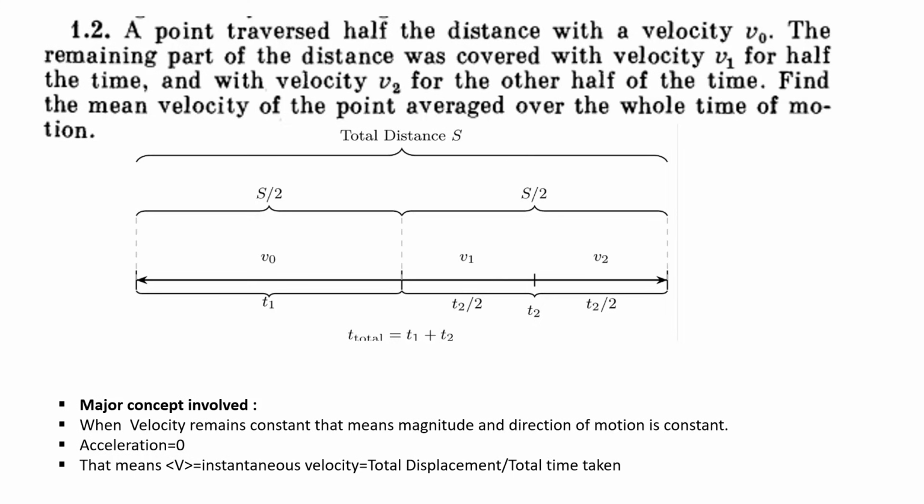Ultimately it implies acceleration equal to 0, because if the velocity is constant, there is no change in direction and no change in speed, so you will not feel any thrill, and thrill is nothing but the acceleration. At the same time, if the mean velocity and average velocity for a particular motion are the same, again you can say the velocity is constant.